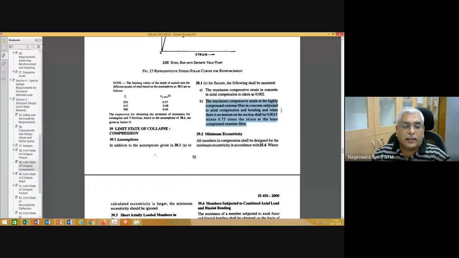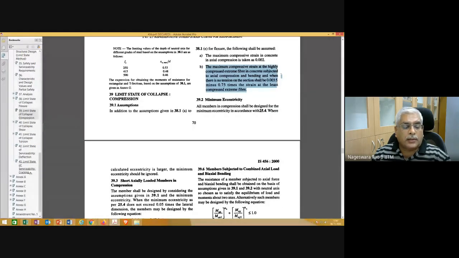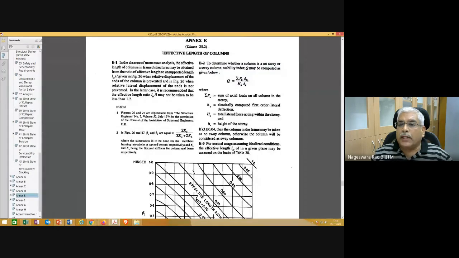And in addition, whenever you talk about columns, you need to know what is effective length of a column. That is given in annexure E, effective length of columns. Okay, depending on the framing, please note that these columns are going to be connected at the top.